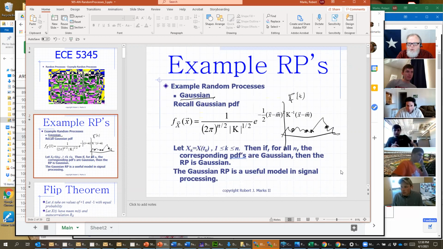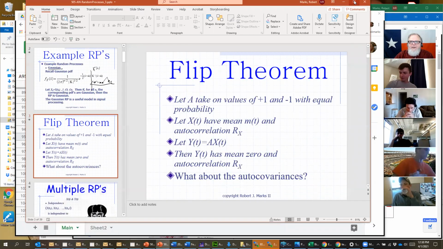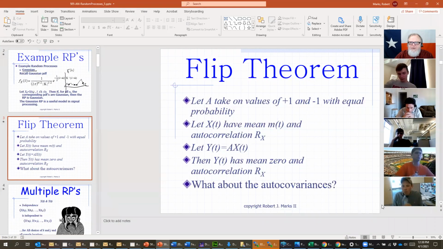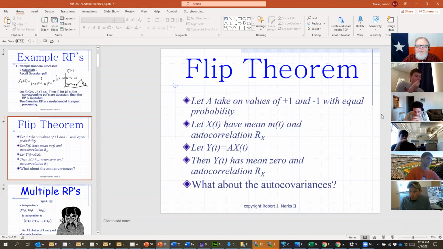And if I were to choose 20 points, that would constitute a 20-dimensional random variable, et cetera, and et cetera. If this is true, no matter what your choice of points is, then your underlying process is indeed a Gaussian random variable. And then I think we proved the flip theorem. That was pretty straightforward. And now we're going to get into some more substantive stuff.